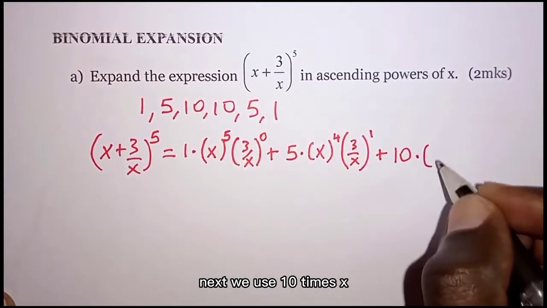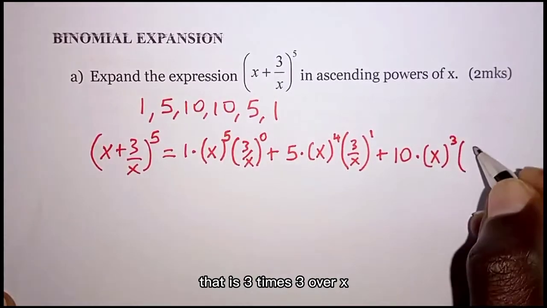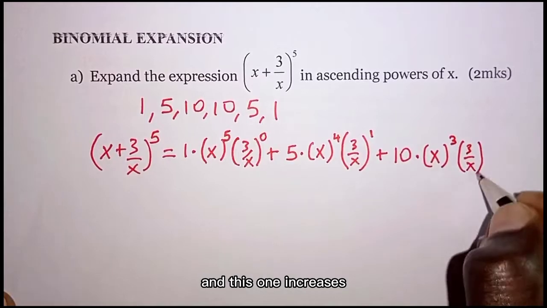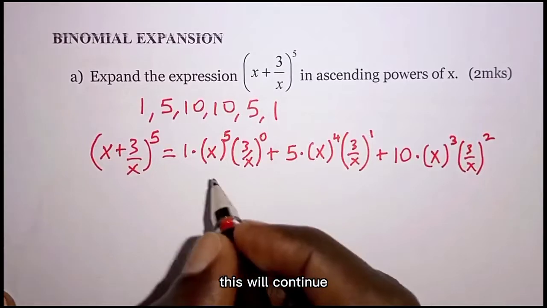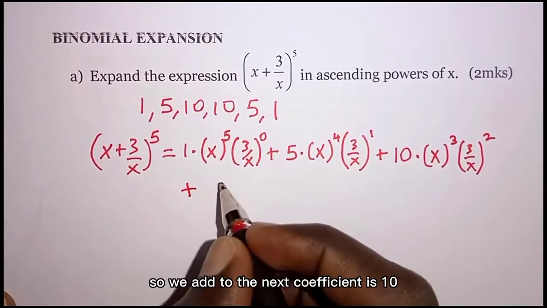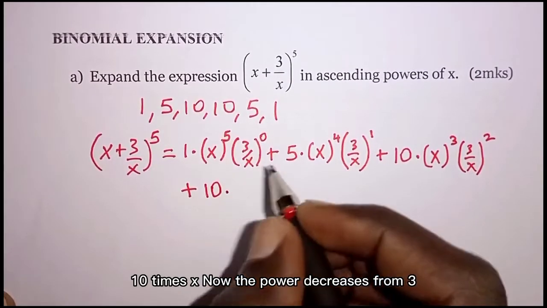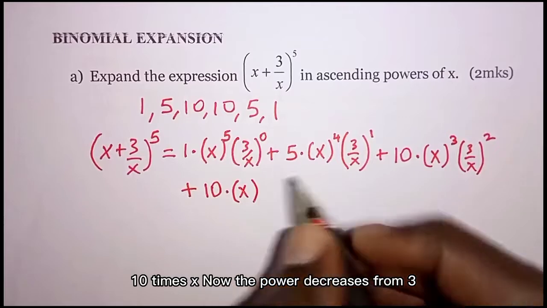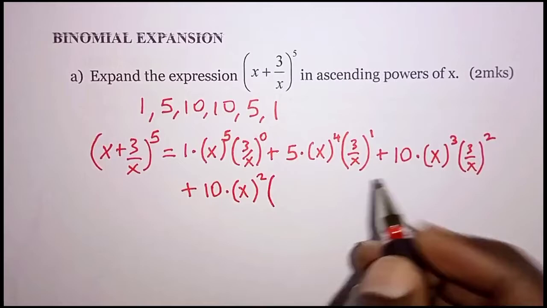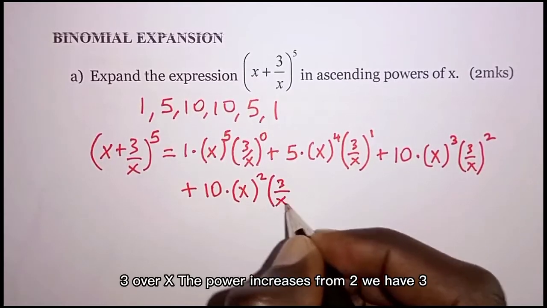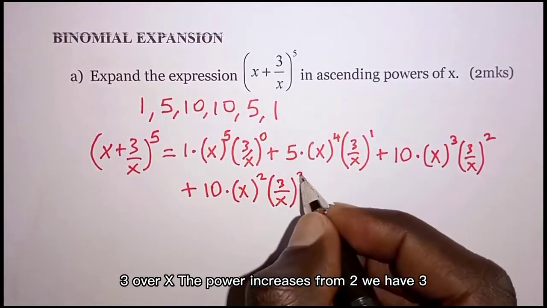Plus, next we use 10 times x. The power of x continues decreasing, that is x^3 times (3/x), and this one increases from 1, we move to 2. This will continue, so we add the next coefficient, which is 10 times x. Now the power decreases from 3, we have 2, and then for 3/x, the power increases from 2, we have 3.